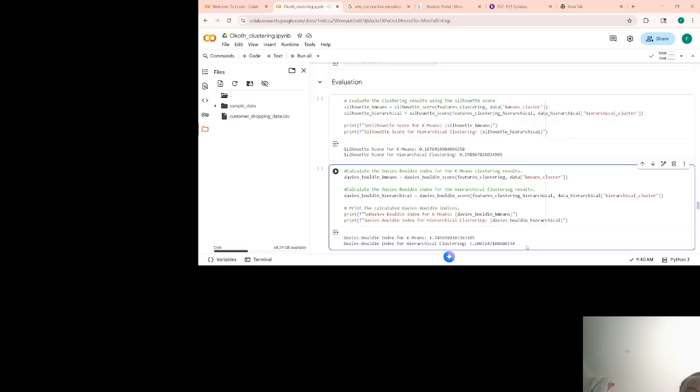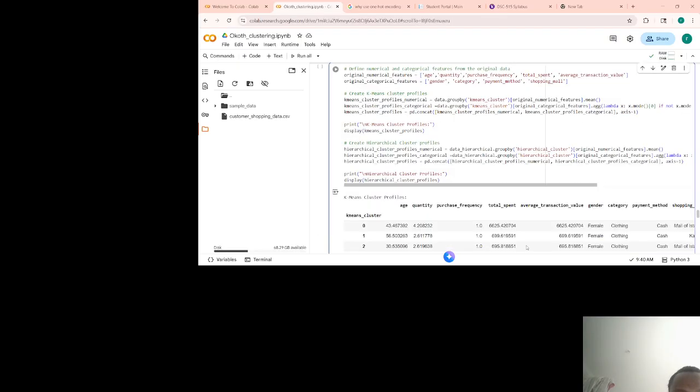But on the Davies-Bouldin index, k-means had a score of 1.74 and hierarchical was 1.2, and the lower the Davies-Bouldin score, the better the cluster is defined. And therefore, based on this, we will go with hierarchical clustering.